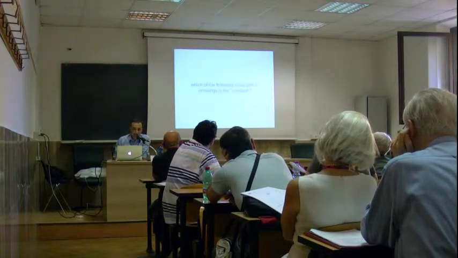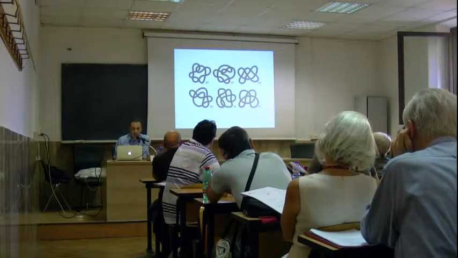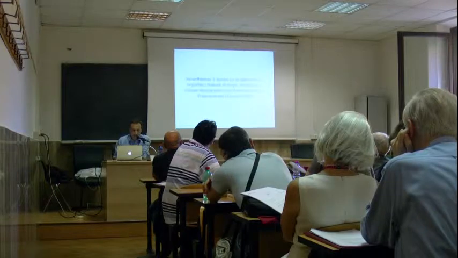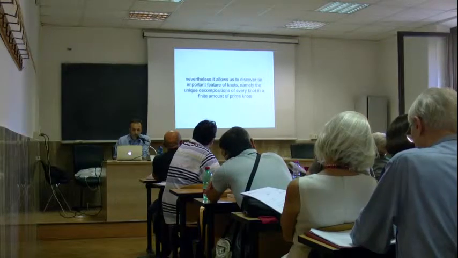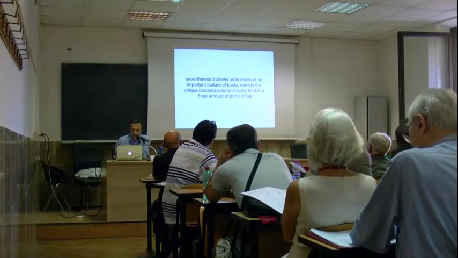For instance, which of the following knots with 7 crossings is the smaller? So at the moment we don't have a systematic answer to this question. Nevertheless, this arithmetic of knots allows us to discover an important feature of knots, namely the unique decomposition of every knot in a finite amount of prime knots.